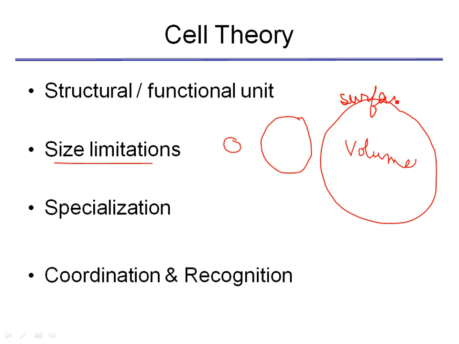Well, the bigger the volume becomes, the more metabolic function that cell has to carry out. So from this cell to this cell to this huge cell, this cell, number 3 here, has the greatest metabolic activity because it's got the biggest volume.